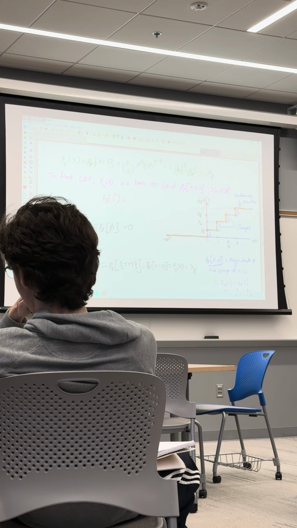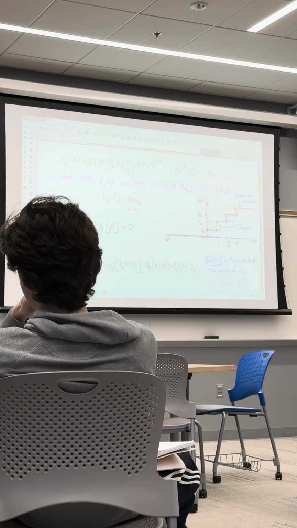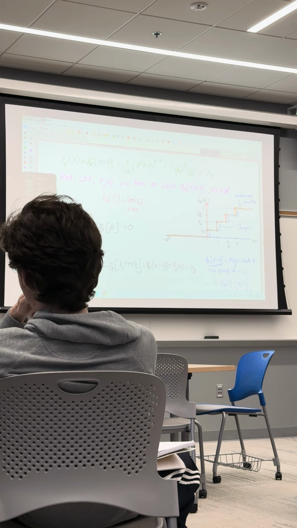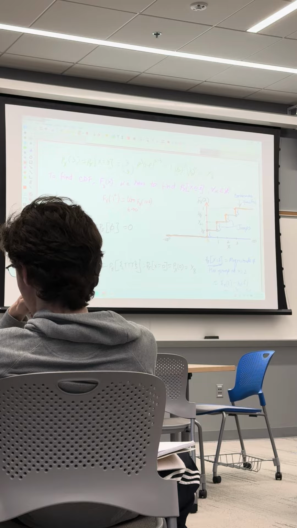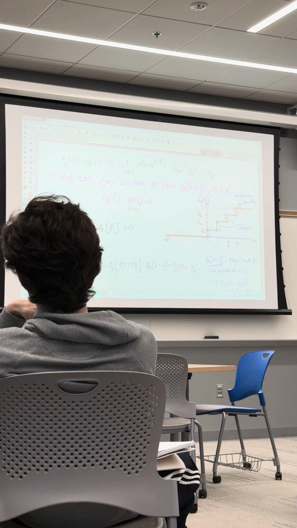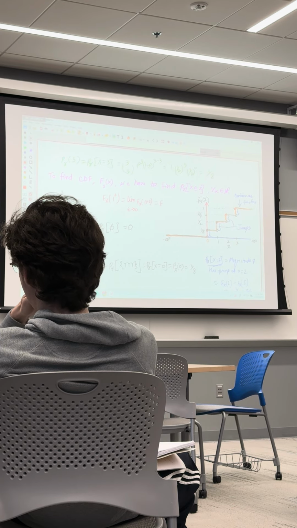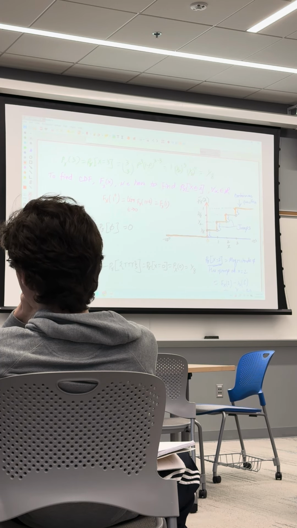What it means is that the limit as epsilon tends to 0 of f sub x of 1 plus epsilon. So for a very small epsilon, f_X(1 plus epsilon) is going to be exactly f_X(1). So that's what it means. It is continuous from right.